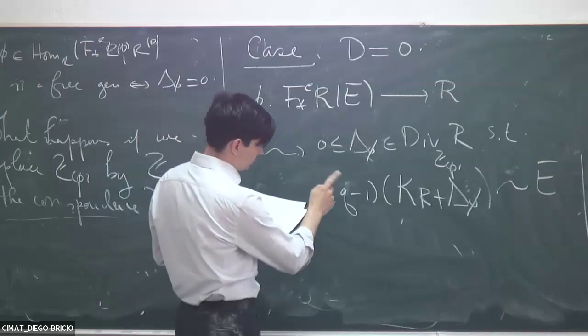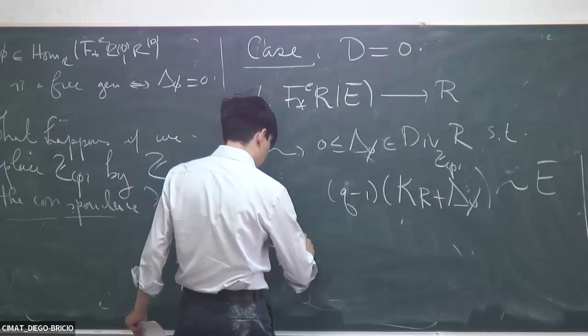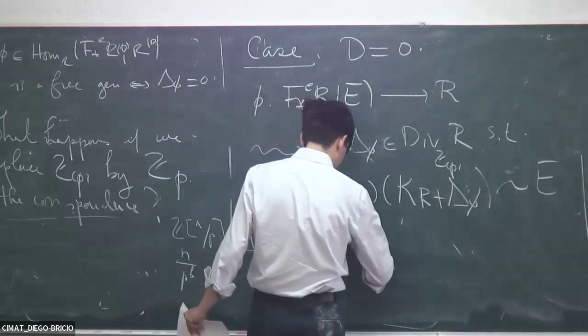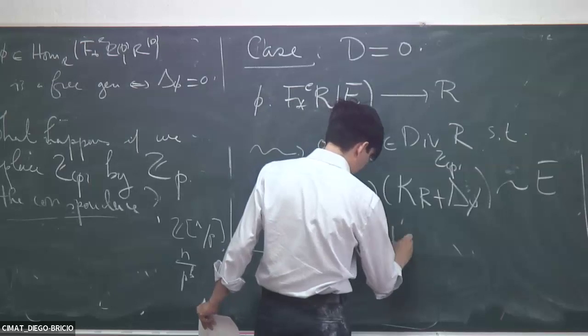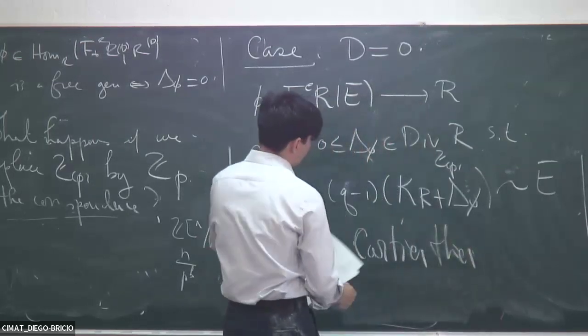What is the consequence of this, if you think about it? If E is Cartesian, then what are we saying?